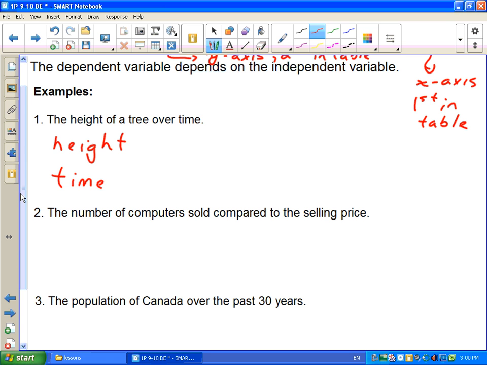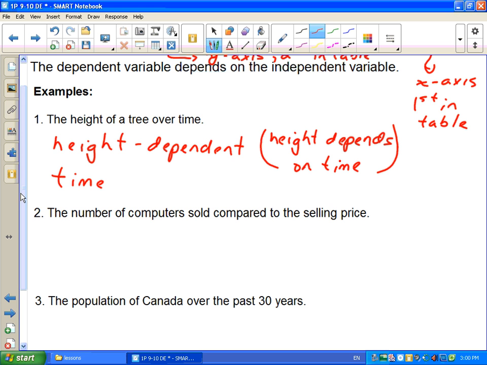Well, I think it makes more sense to say that height depends on time, because the tree is going to grow over time, so the longer we leave it, the taller it's going to grow. So its height depends on the time. That means if height depends on time, height must be dependent.